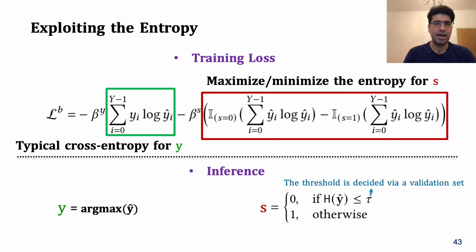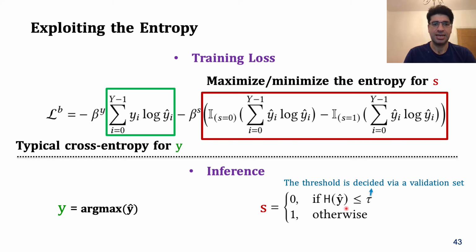Doing so, at inference time, the argmax of the output will give us the prediction about the target attribute, as is typical in classification, but the entropy of the output gives us the sensitive attribute.